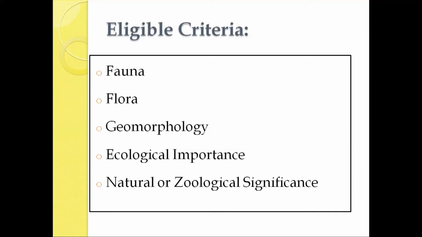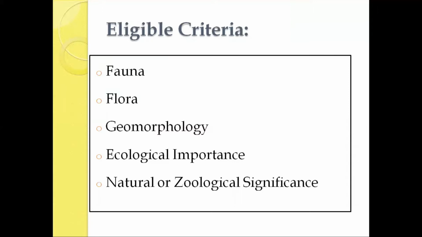The geomorphology, landscape, or topography of the area should be distinctive, and the ecosystem of the area should be of great ecological importance. And finally, the natural habitat and the wildlife present should be diverse and of great importance to the state and the country as a whole.